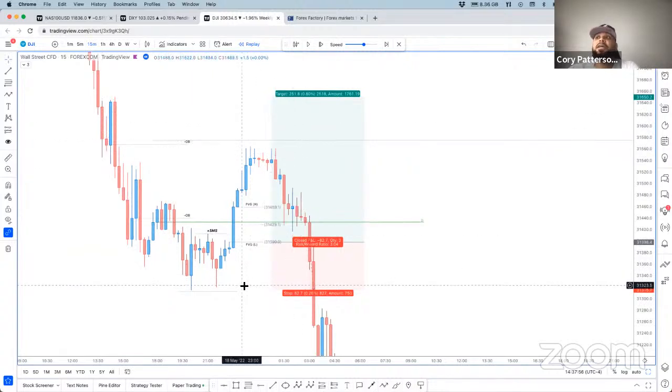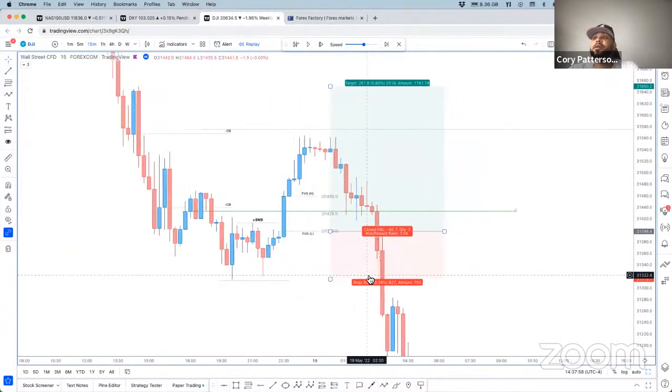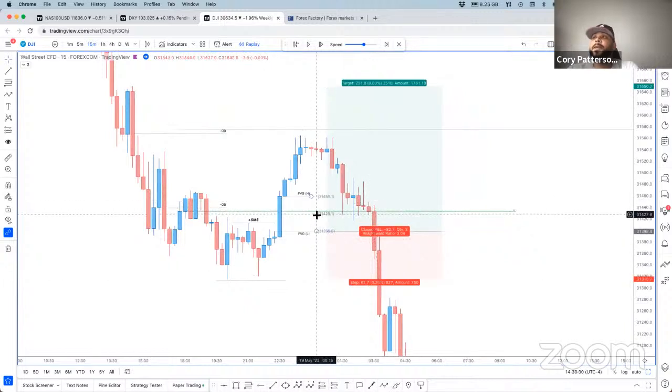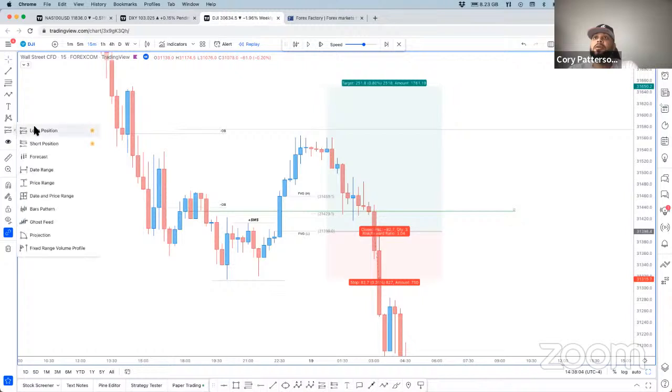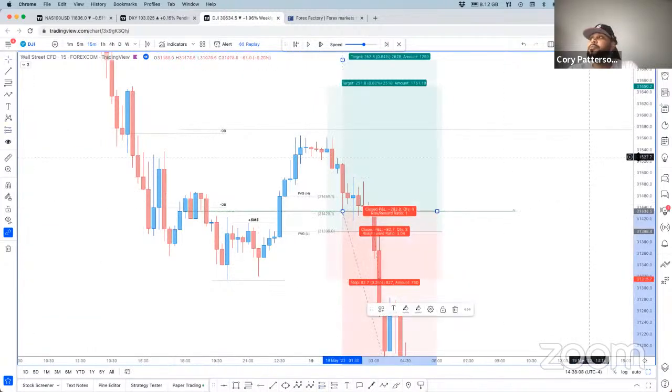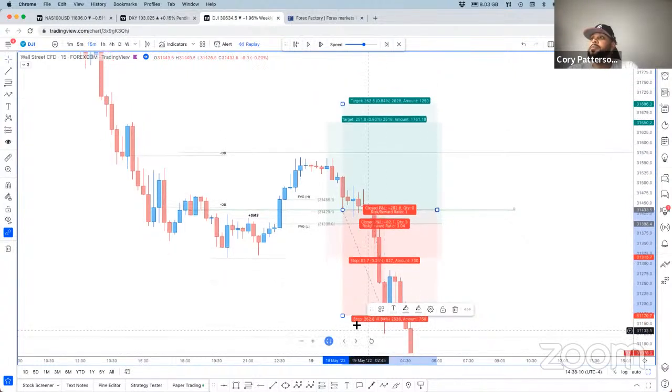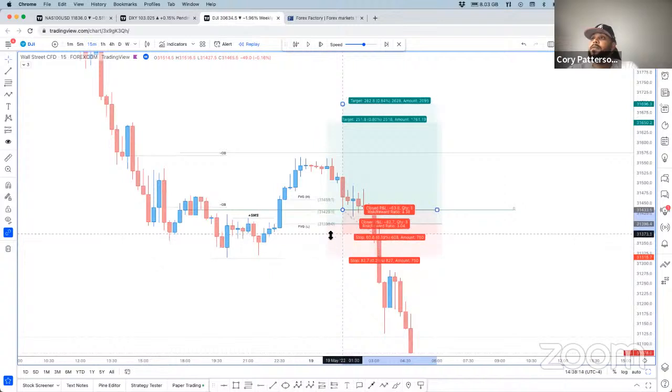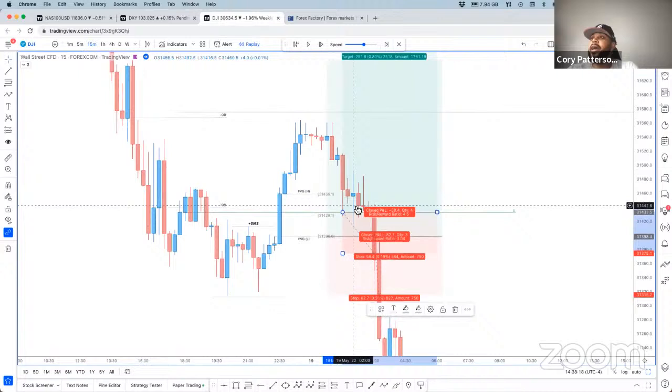So this is a good example right here of when it doesn't work. If you had taken it from the middle, you would have had a chance to make like 100 pips off of this.